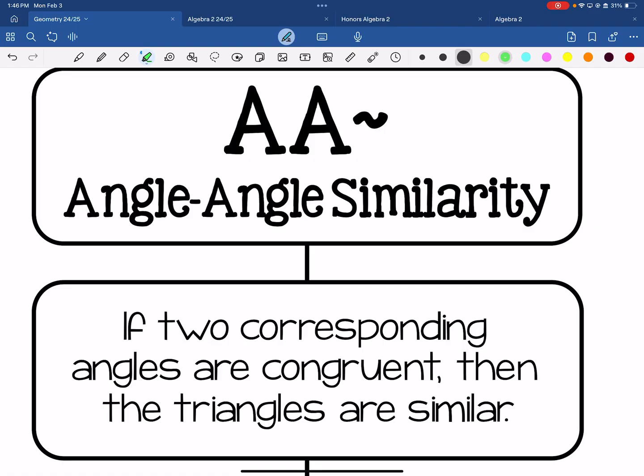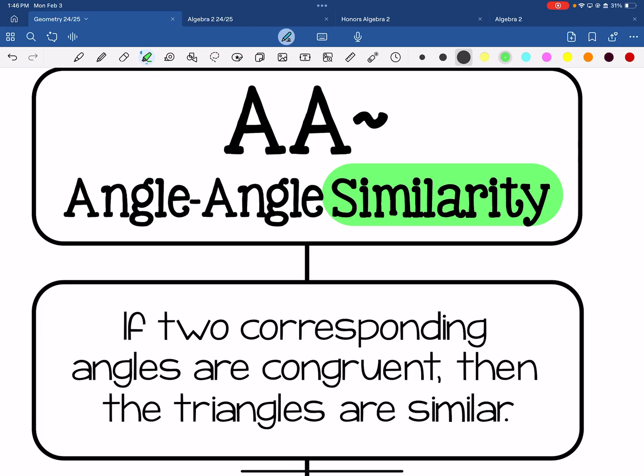So they look exactly the same. When we're talking about similarity, we're saying that they look similar, but they're not the same. Some of the angles might be congruent, but the sides are going to be of different lengths. So they're the same shape, but not necessarily the same size.